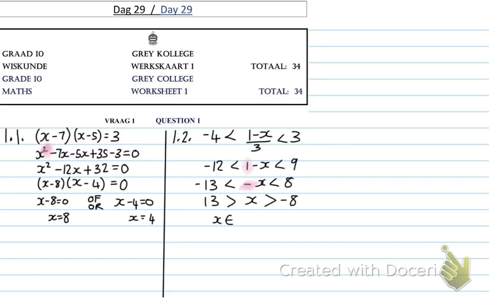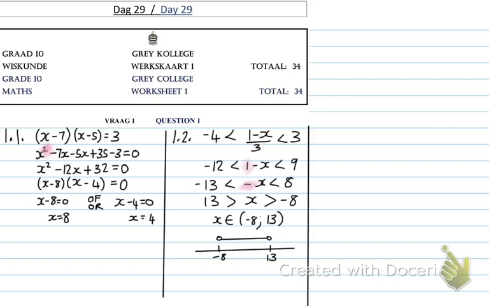So x is between negative 8 and 13, and it is excluded. So it has round brackets because there's no equal sign. Now to draw that on a number line, I'm going to draw a line from negative 8 to 13 with open dots and a line in between.